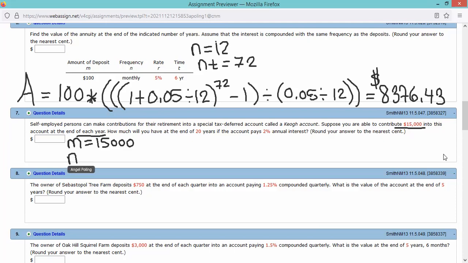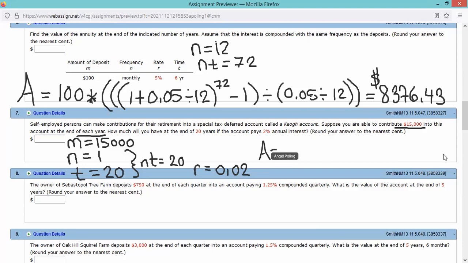So the frequency is 1 for yearly, N equals 1 for 20 years. So NT is 20 for our exponent at a rate of 2% annual interest. And I think that's all we need.